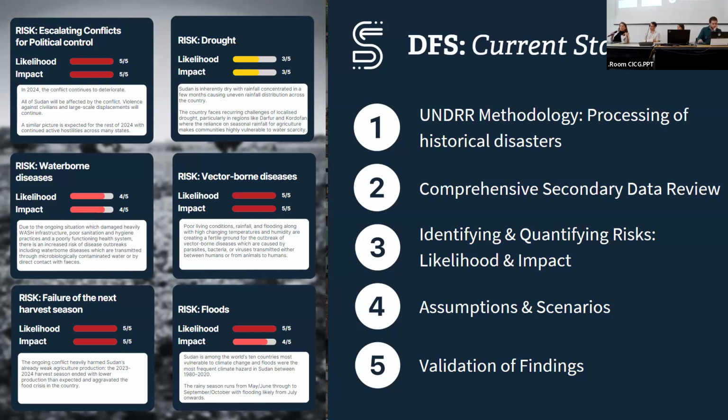This timeline of events, whether in the past 20, 30 years, that's again the scope that you have to agree upon with your partners, helps us understand the past hazards, what's happened in the past, how it affected the population. And we also have a seasonal calendar that helps a lot with everything related to environmental hazards. Once we have this comprehensive SDR, we can move on to identifying risks.